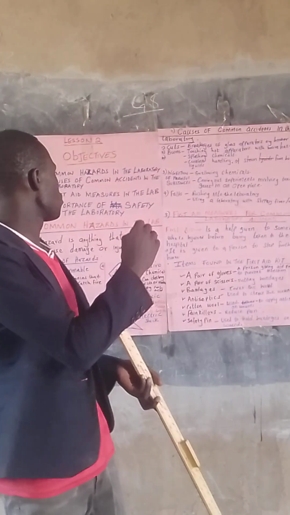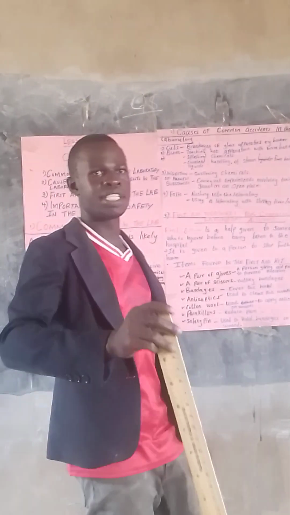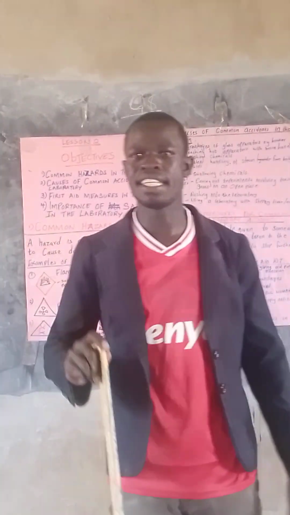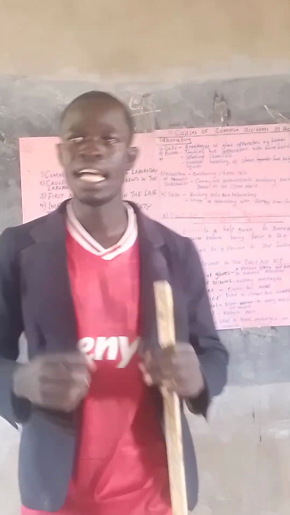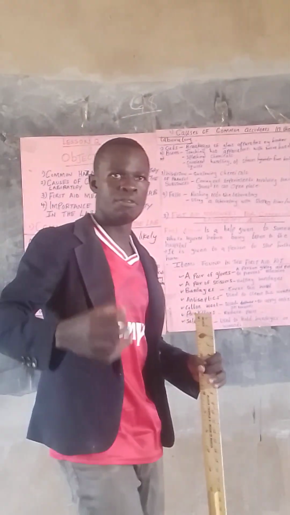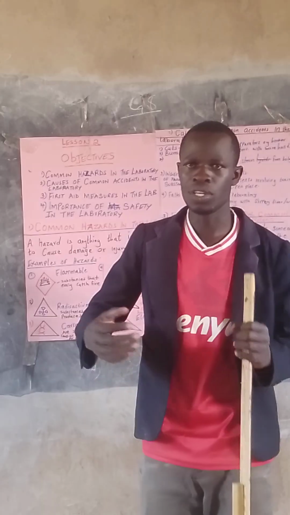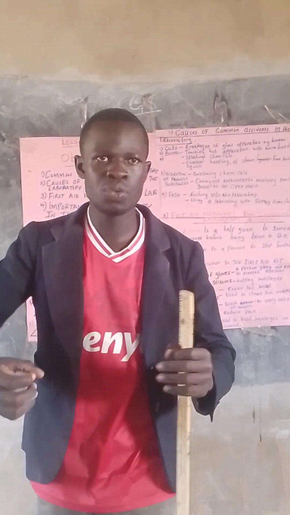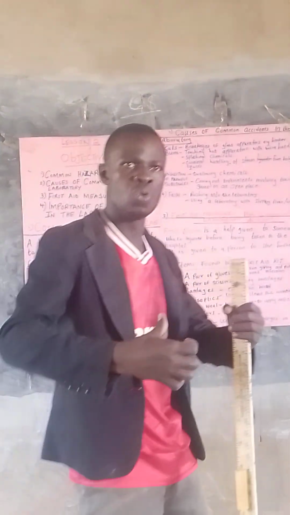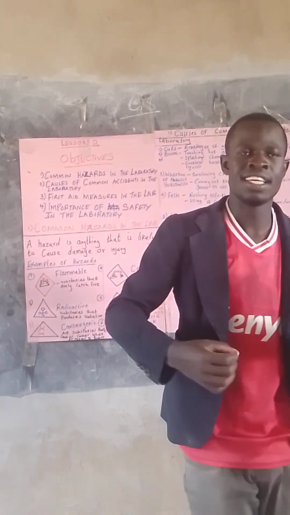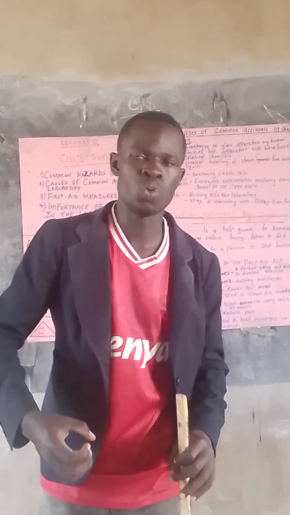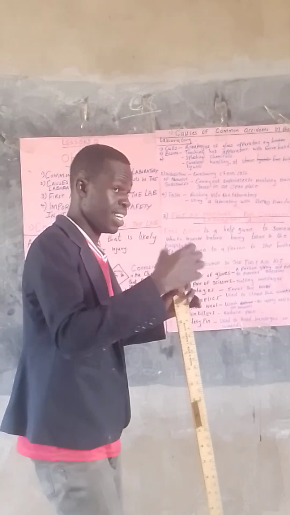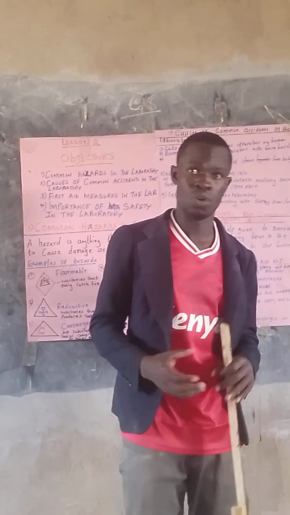Secondly, we also talked about the importance of science to our day-to-day life. We looked at several importance of science. We said that the knowledge we get in science can help us to pursue other careers, such as pharmacist, nursing, and so on.